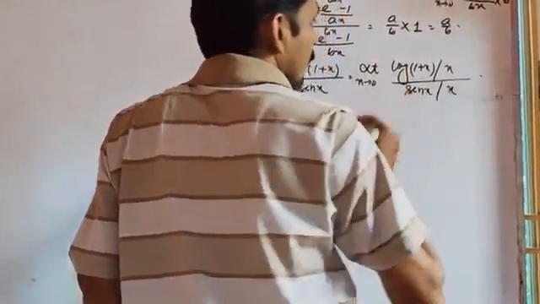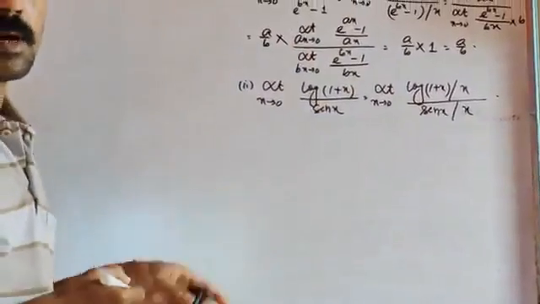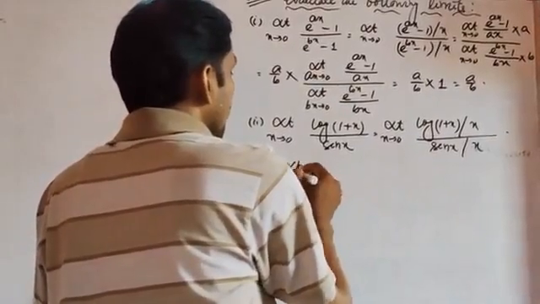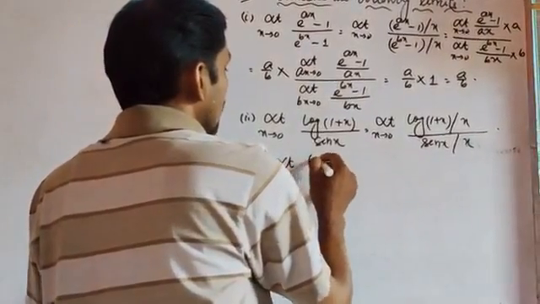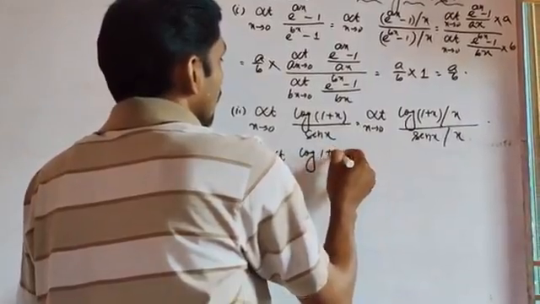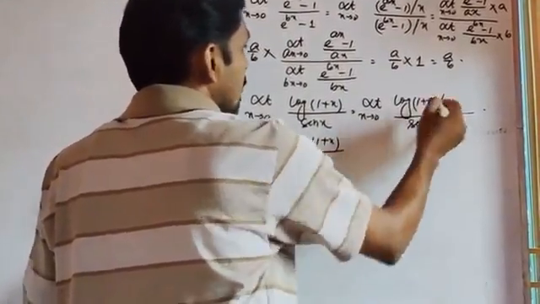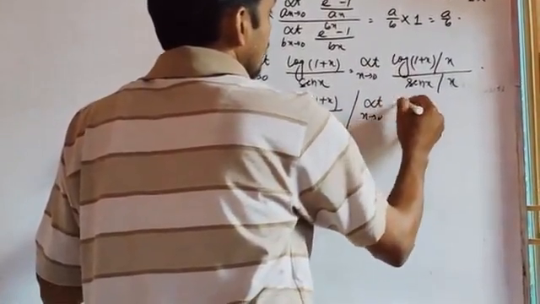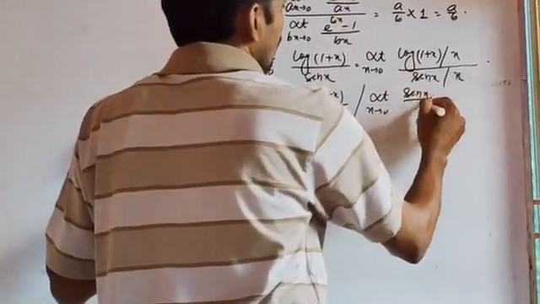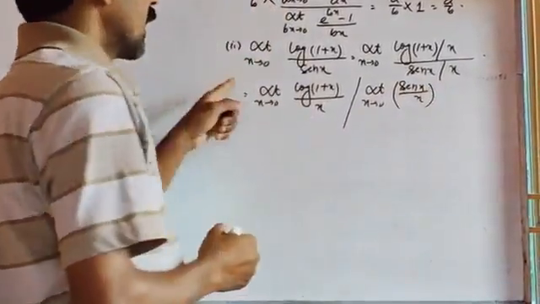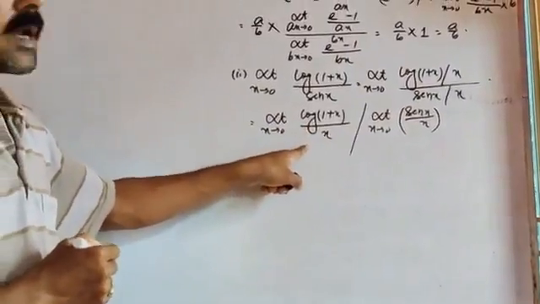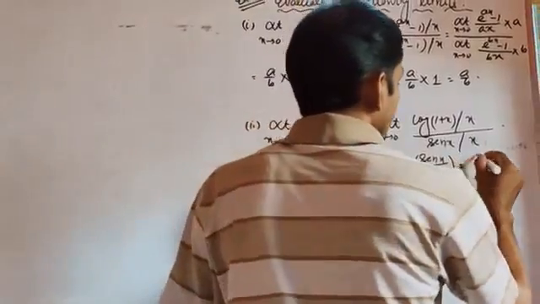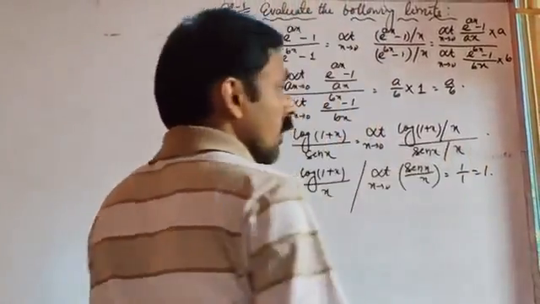Again you have divided both numerator and denominator by x. Now it is limit x tends to 0, log 1 plus x by x, whole divided by limit x tends to 0, sin x by x. Now by standard formula this value is 1 and sin x by x is also 1. So this is 1 by 1 equal to 1.